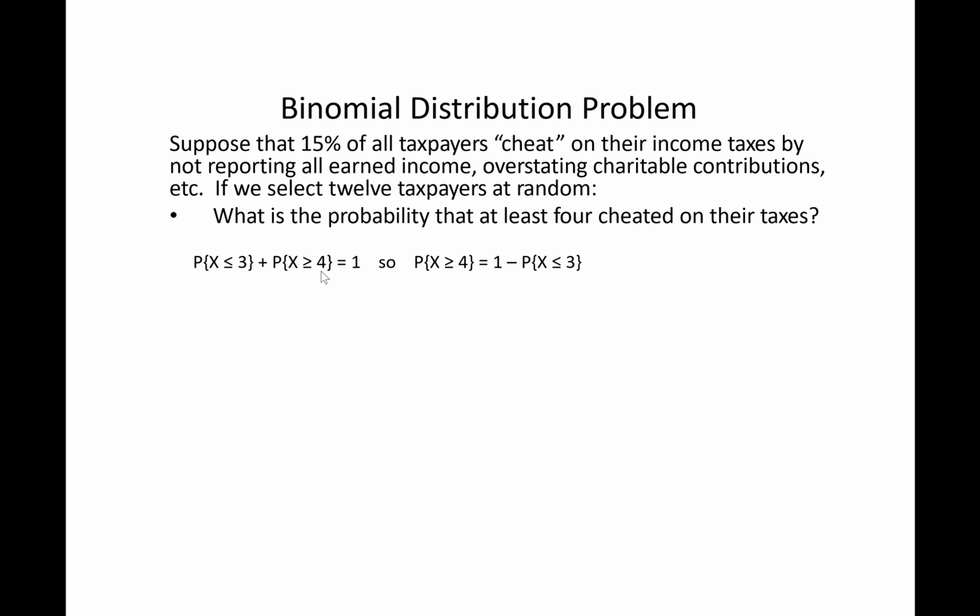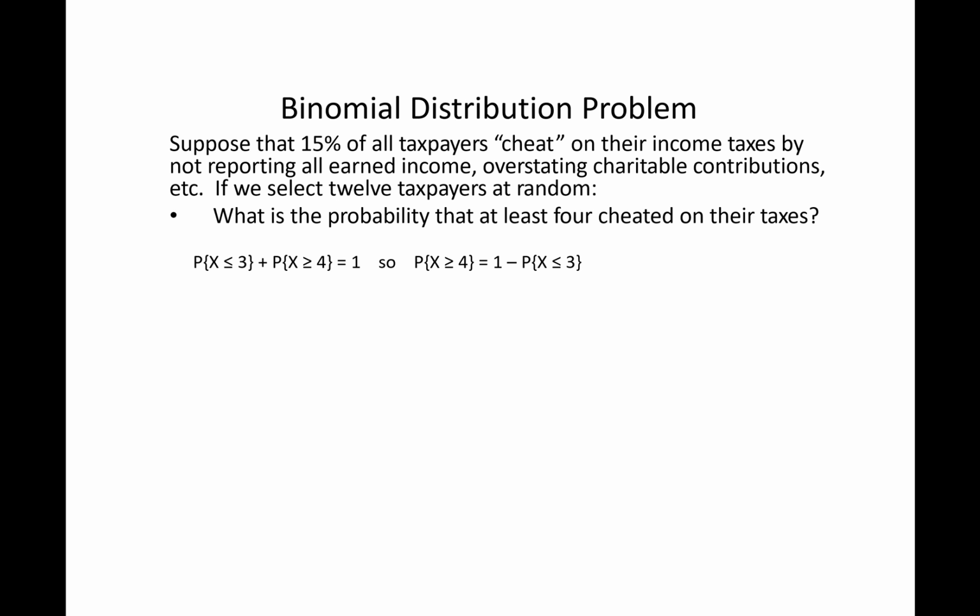And if we add up the probability of those two things, that's the entire probability of all possible outcomes, so that has to be equal to 1. And so if we want the probability that x is greater than or equal to 4, we can just solve for that and take 1 minus the probability that x is less than or equal to 3. Now the reason we do this is because this is very easy to plug into Minitab, as we just saw.